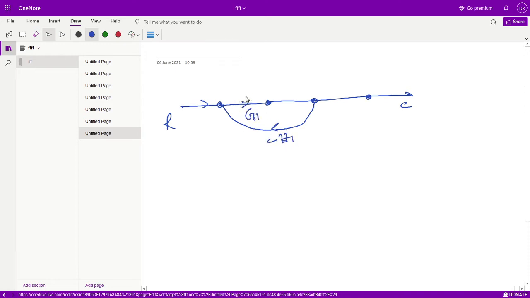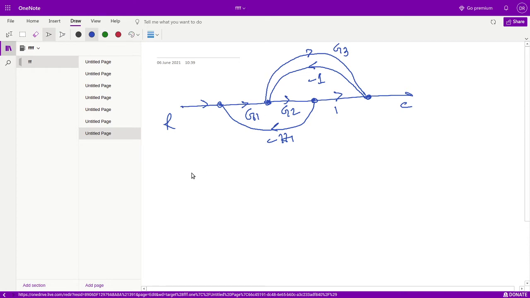Between these two nodes the transmittance is G1 and this transmittance has gain G2. Here one unity feedback is applied, minus 1, the transmittance is equal to 1, and there is one forward path that is called G3.